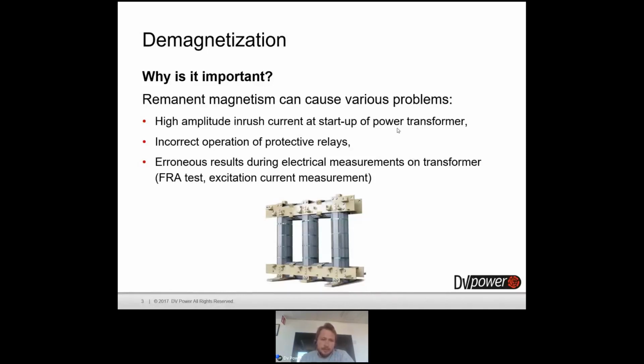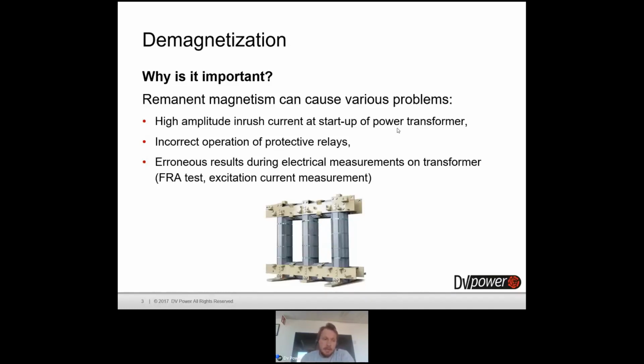In some articles you can find explanations that this high inrush current can harm the transformer, but the truth is that our power transformers are really robust and strong, and in most cases this high inrush current will not damage the transformer. But repeated inrush current can influence stability in the transformer.